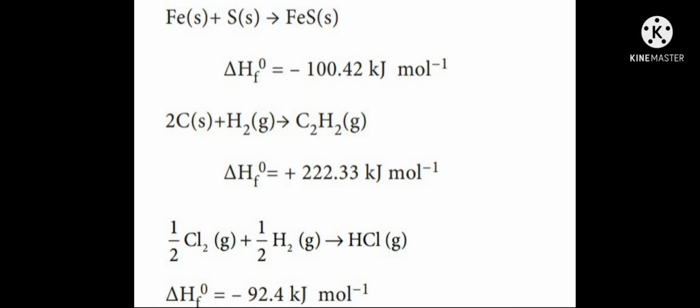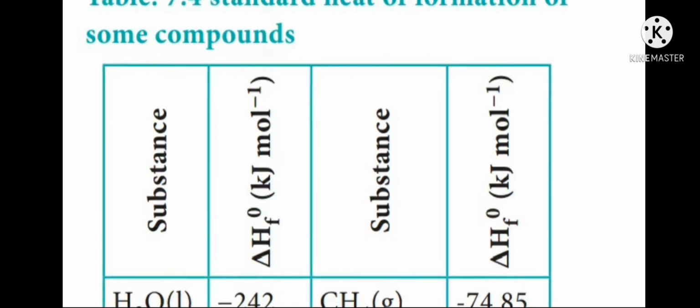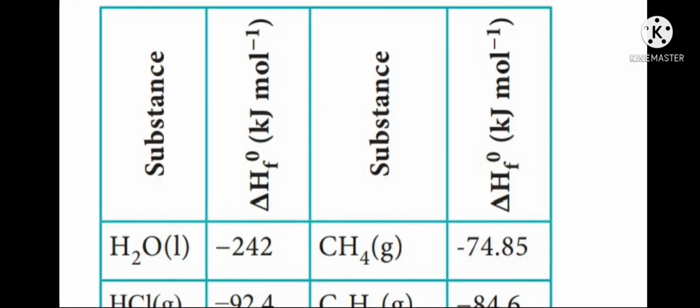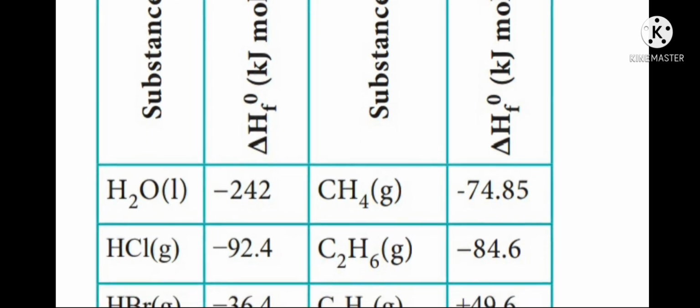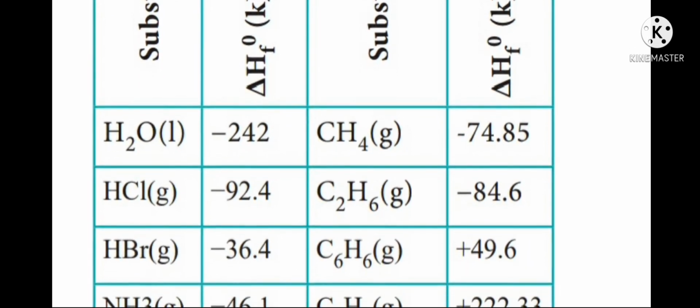For the formation of HCl, the delta H naught formation is given by minus 92.4 kilojoule mole power minus 1. This tabular column will give the standard heat of formation of some compounds.